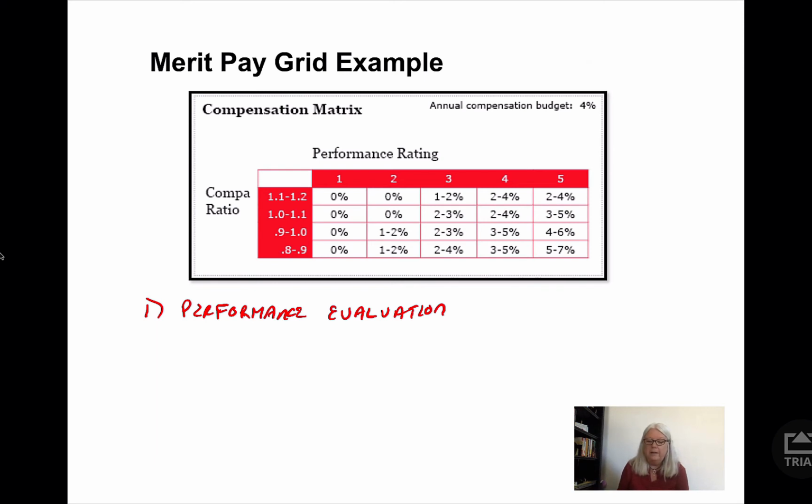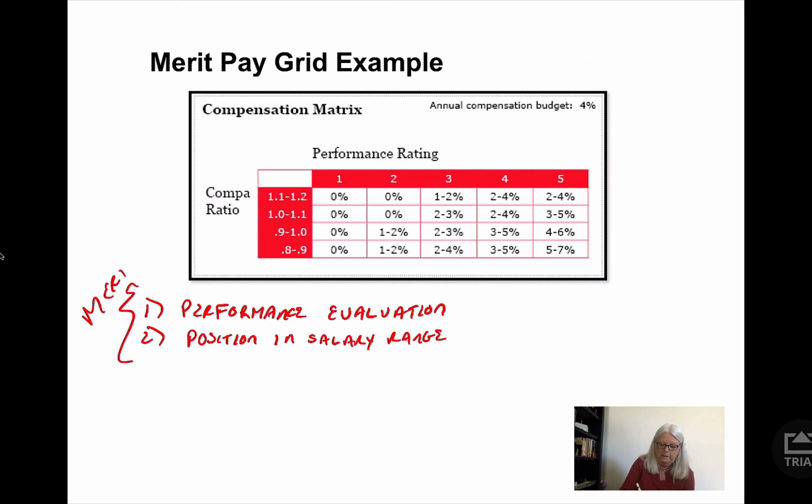Secondly, we look at their position in the salary range. Remember in the last chapter we talked about how companies put together salary ranges so that we know how much to pay people. So we look at these 2 things when we determine merit pay.